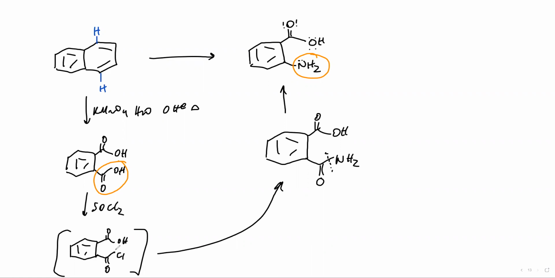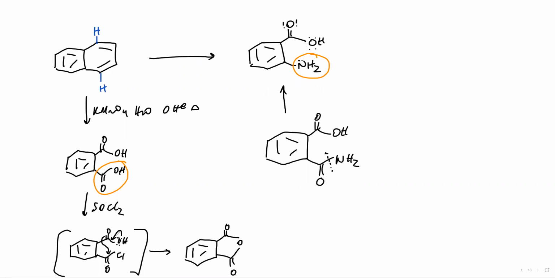So this one's a little bit of an obscure reaction, but it turns out that instead of isolating the acyl halide, what we isolate is the anhydride, because this intramolecular reaction here is a lot faster than the reaction of making the acyl halide and then introducing the amine.